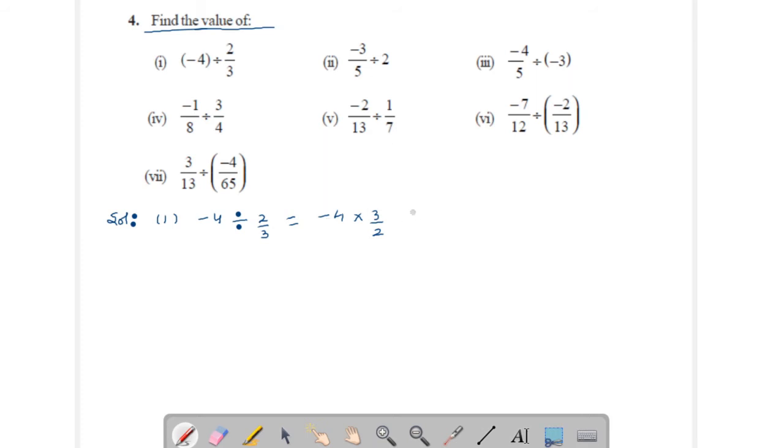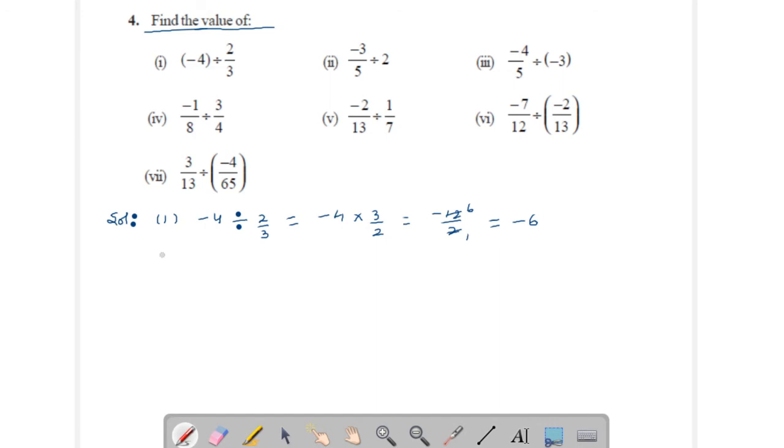Here you can multiply numerator by numerator and denominator by denominator. Minus 4 into 3, it is minus 12 upon 2. And if you cancel it, 2 one ja, 2 six ja, you will get minus 6. This is your answer.